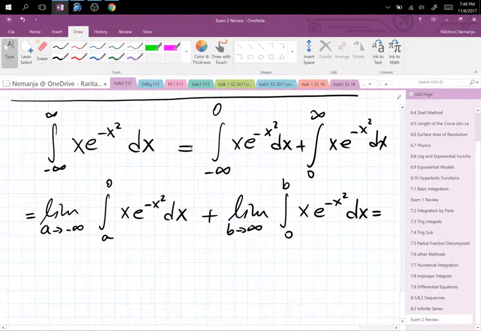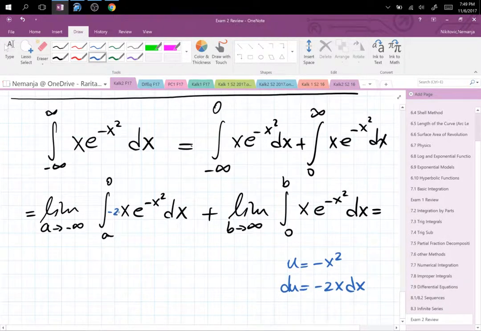Now, to solve the integral, what do we use? What solves this integral? U substitution. That's the easiest, because you have this exponent negative x squared, and that becomes negative 2x dx. So all you need is a negative 2 and negative 1/2 in front.